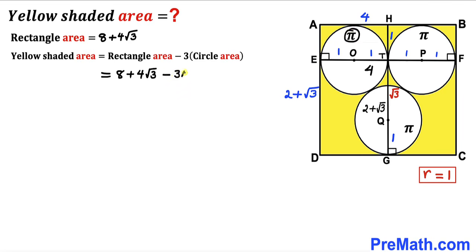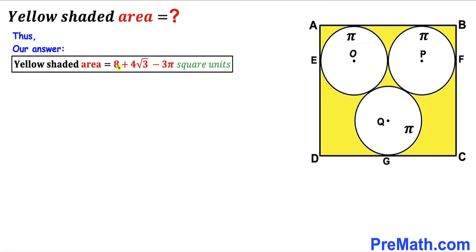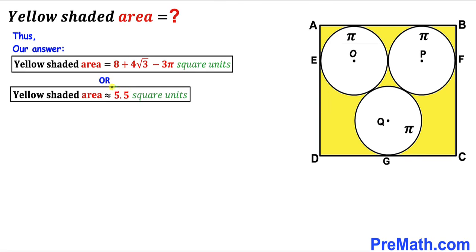So I'm going to multiply by pi over here. So thus the area of this yellow shaded region turns out to be 8 plus 4 times square root of 3 minus 3 pi square units. And that is going to be approximately equal to 5.5 square units as well.